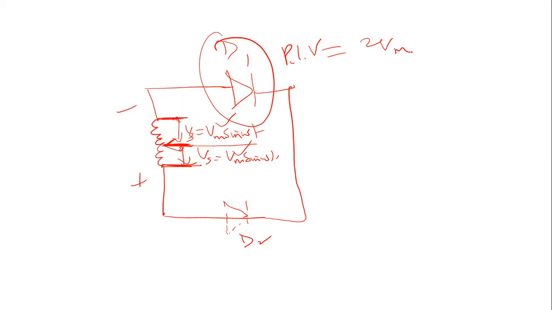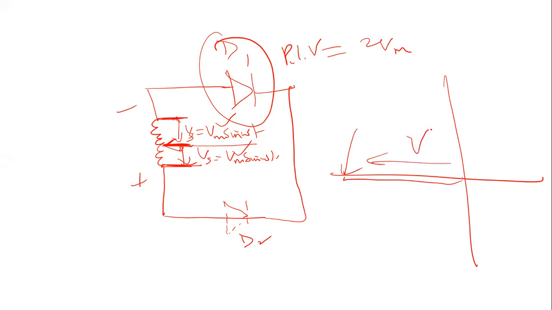So in designing a center tap transformer, we should take necessary care that this peak inverse voltage does not cross the avalanche breakdown condition. If you increase the reverse voltage in this direction, and your peak inverse voltage is 2 Vm, the avalanche breakdown can occur at this point.